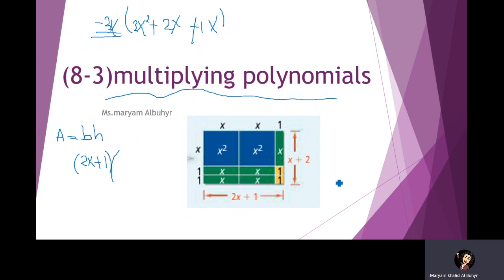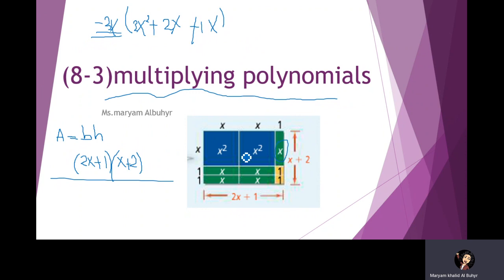Times, what is the height? The height is given by this one, which is x plus 2. As you can see here, that's x and here 1 plus 1, which is 2. So x plus 2.